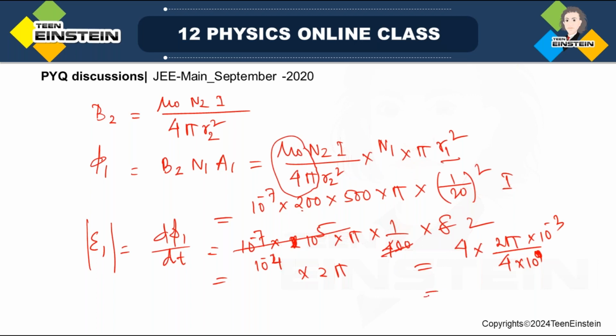So I get 4 into pi by 20. Like this I'm getting.